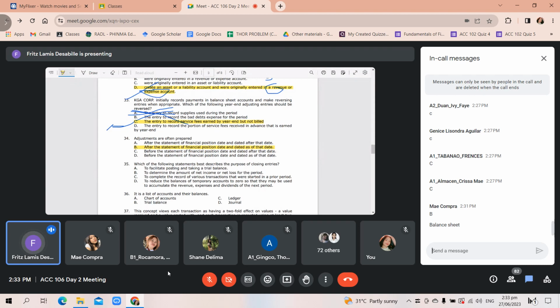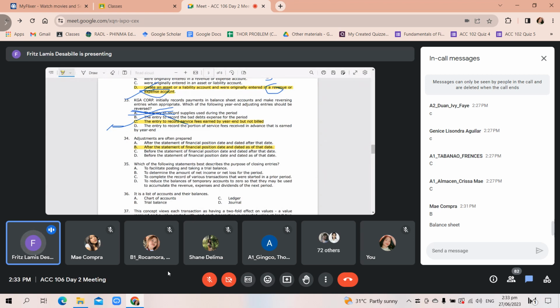But we don't know how much we will pay. So we wait until year end or until next month when we receive a bill, so that we know how much to portion, or how much to put as accrued expense. So that's why adjustments are prepared after year end, no?